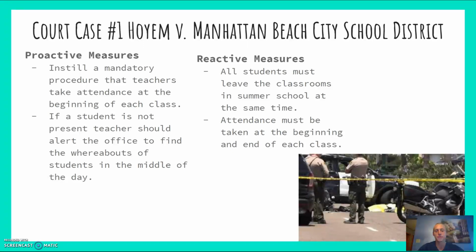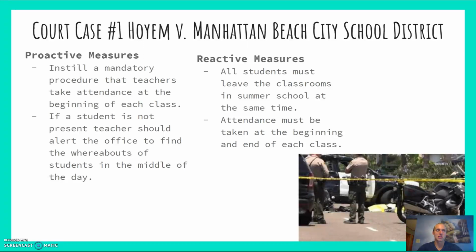So they'll transition all at the same time, so you wouldn't have to worry about people cutting class. And taking attendance at the beginning and end of each class would be beneficial, I think, because possibly someone may have to go use the restroom or come out of the classroom to get a drink or what have you, just to be sure.